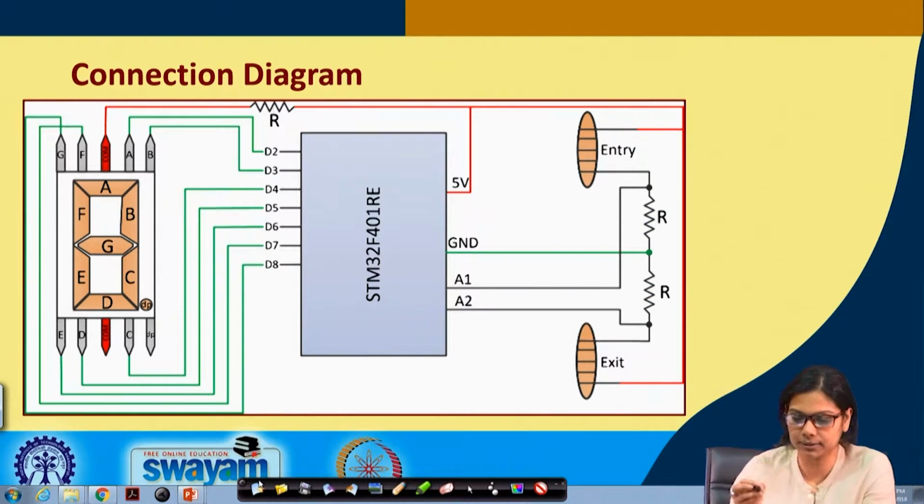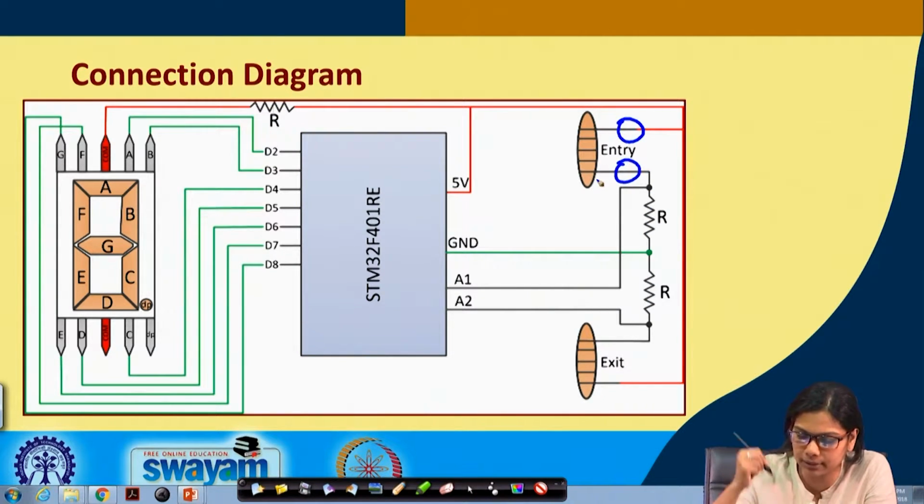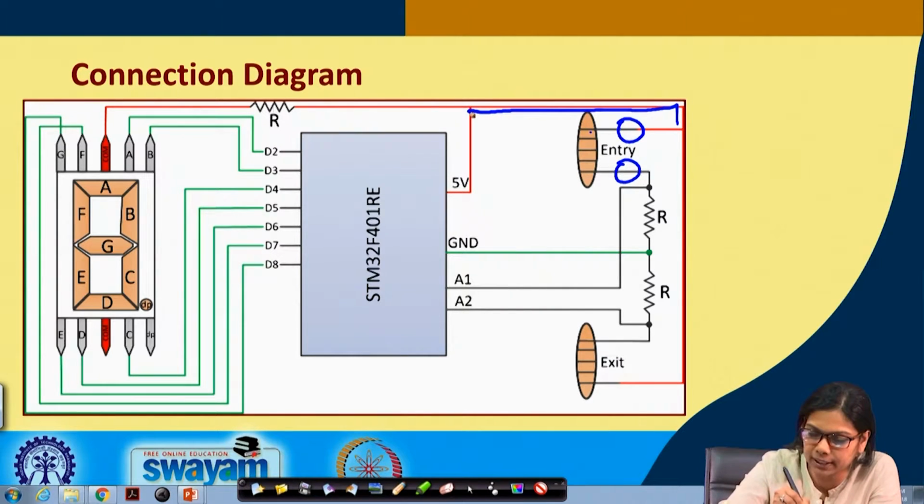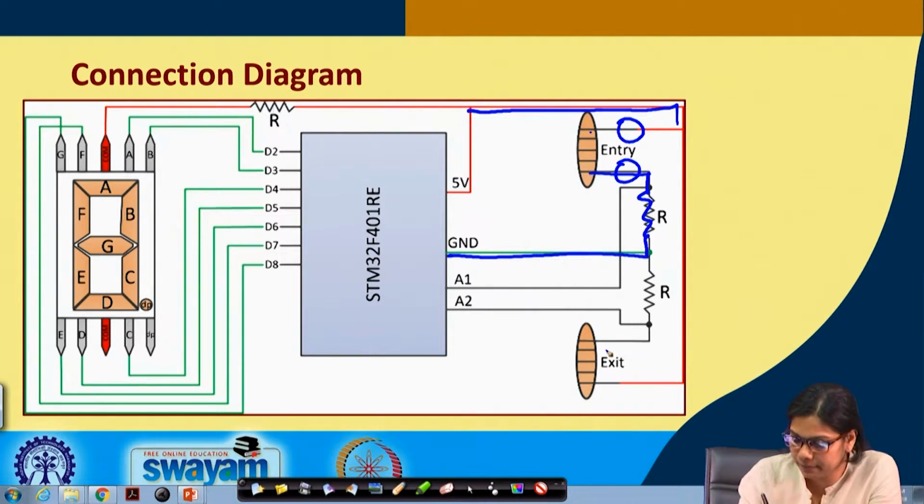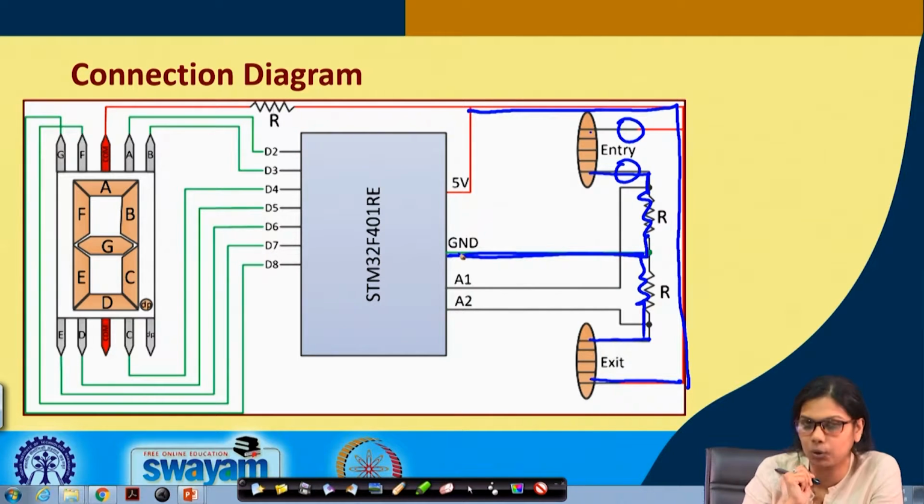I will just repeat. There are two ends of this LDR. One end is directly connected to this 5 volt, another end through a resistance is connected to ground. Same way here, one end is connected to this VCC, another end through a resistance is connected to ground.